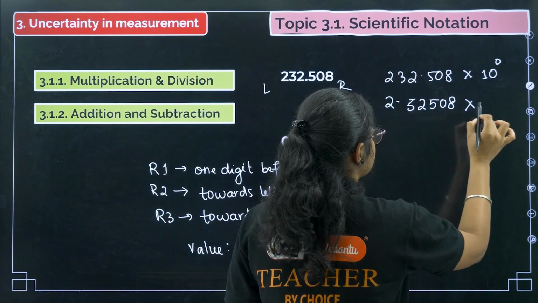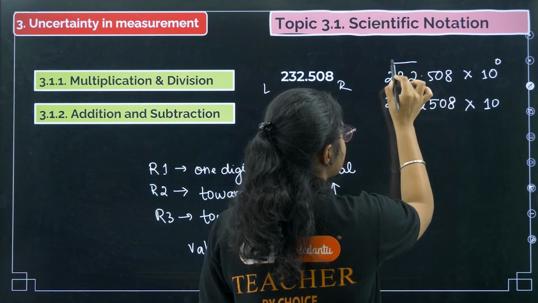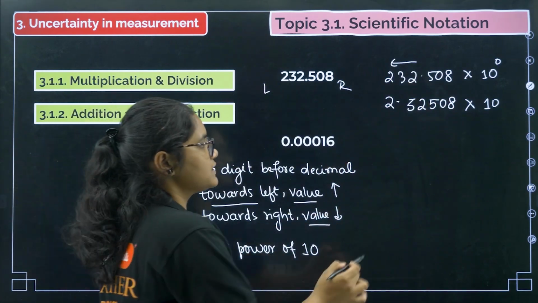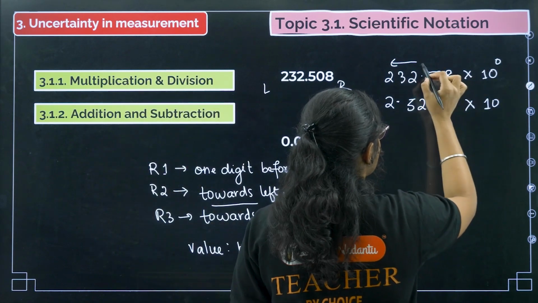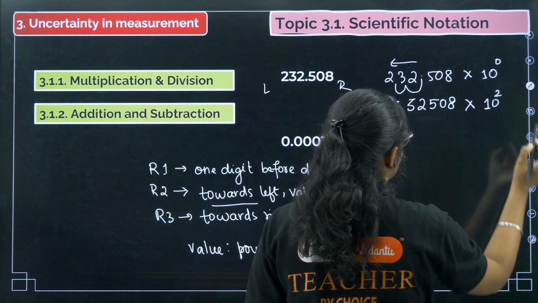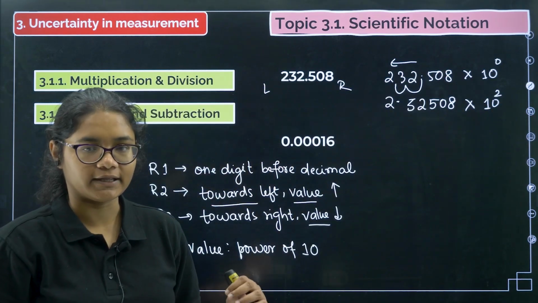Now you have moved towards the left, so the value should increase. The initial value is 0, so here it will be 1 and here 2. So I can write 10 to the power of 2. Clear? I hope all of you are getting it.